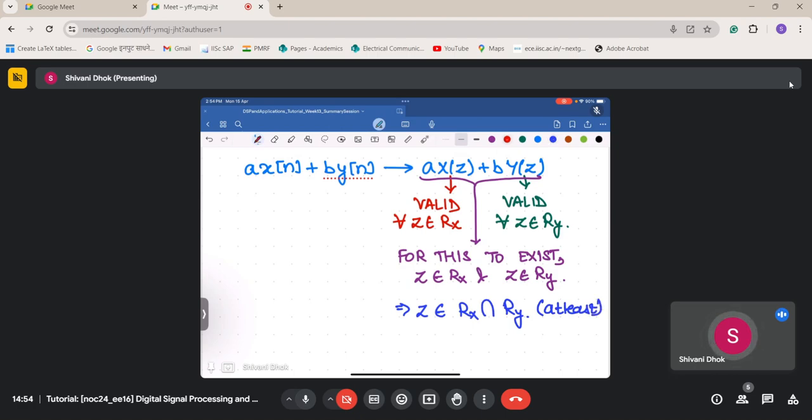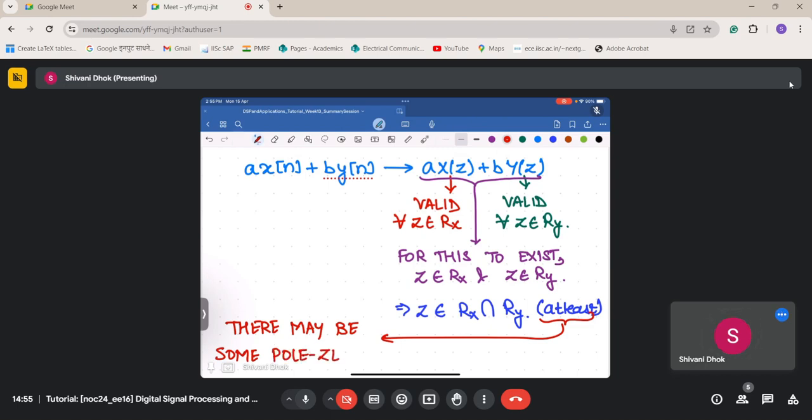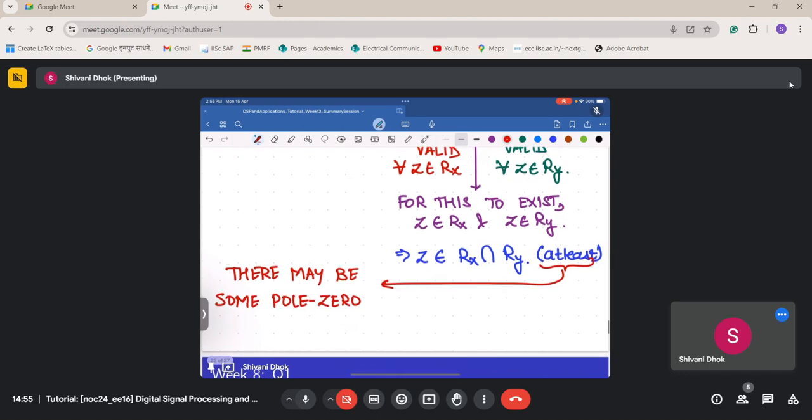And why does this 'at least' come into picture? This is because there may be some pole zero cancellations that will increase the region of convergence.